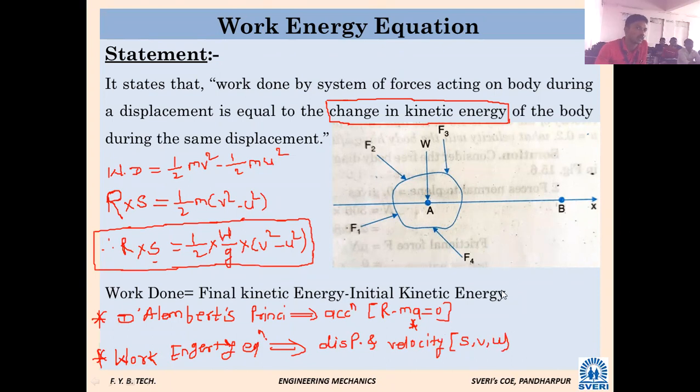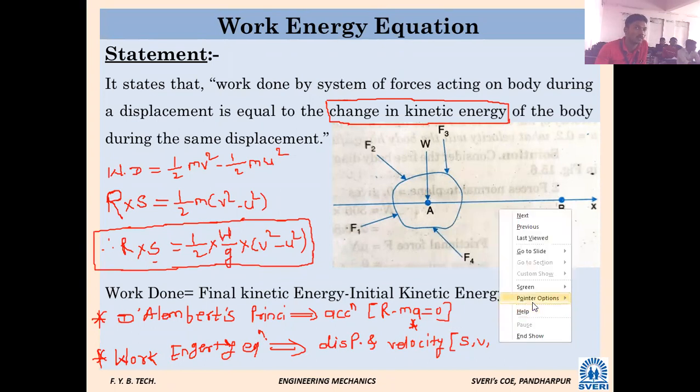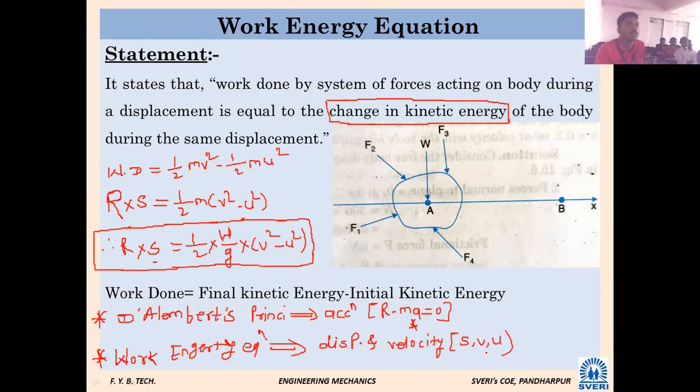From the problem statement also you can understand whether you have to apply the work energy equation or D'Alembert's principle. Whenever we don't need any kind of acceleration of the body, then we go for the work energy equation.